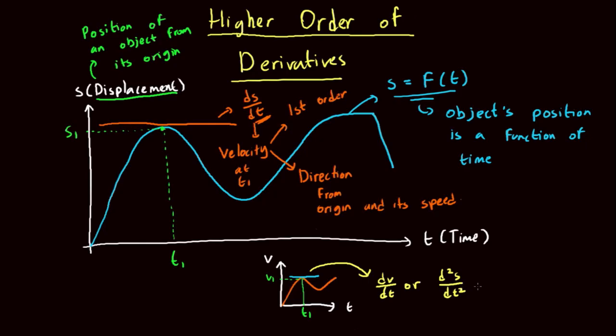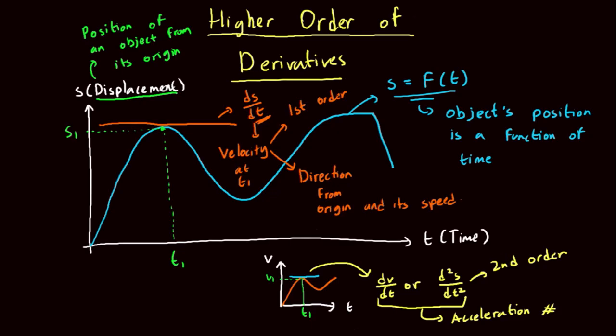So this is what we call a second order derivative. And normally the phenomenon represented here is acceleration. So this is basically one real world use of higher order derivatives.